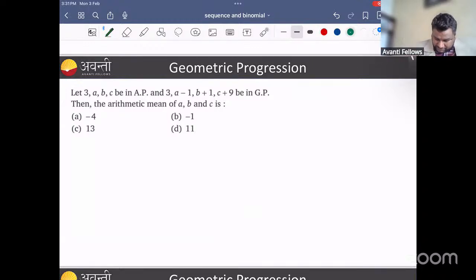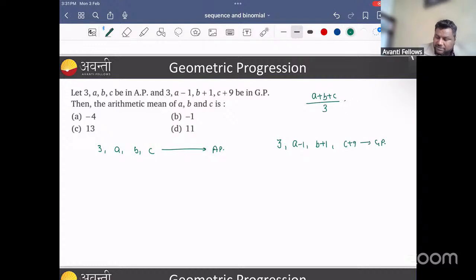The question is: 3, A, B, C, they all are in AP. And 3, A minus 1, B plus 1, C plus 9 are in GP. The question is the arithmetic mean of A, B, and C. So they are asking you for A plus B plus C upon 3.